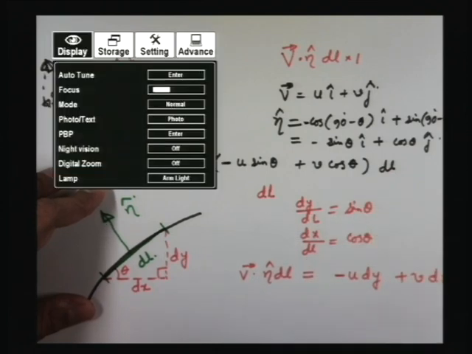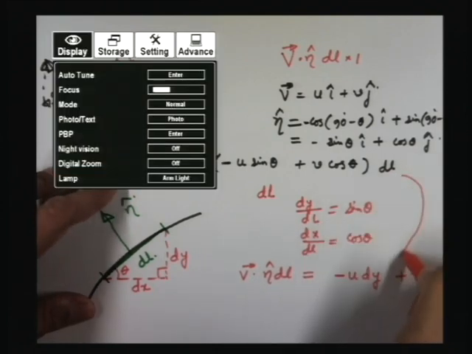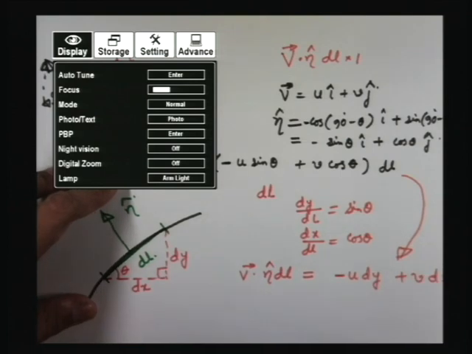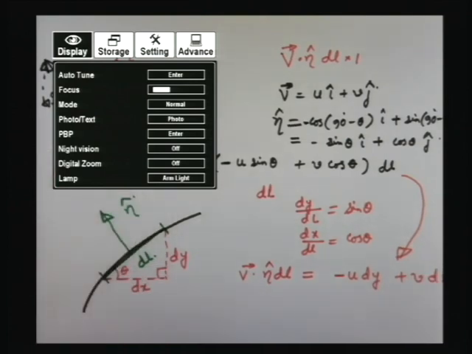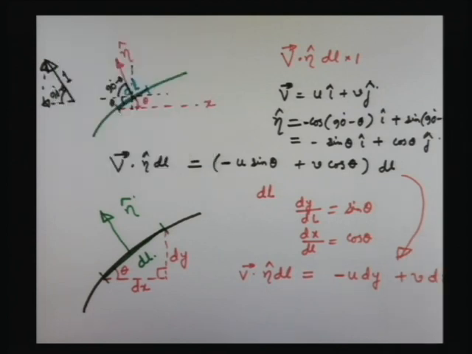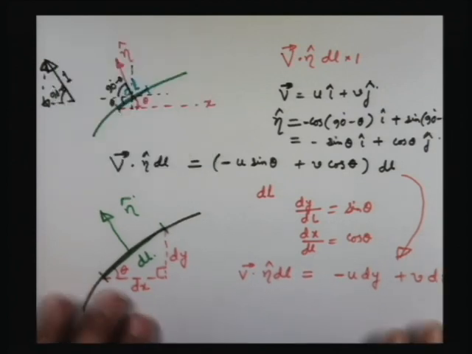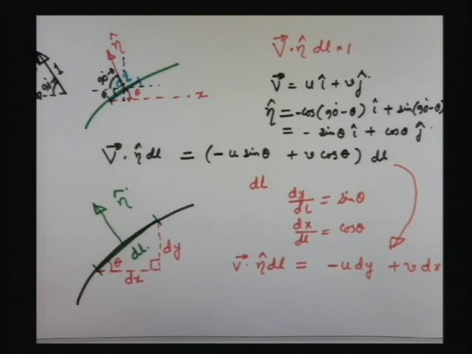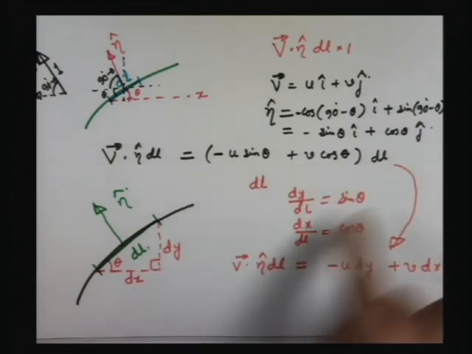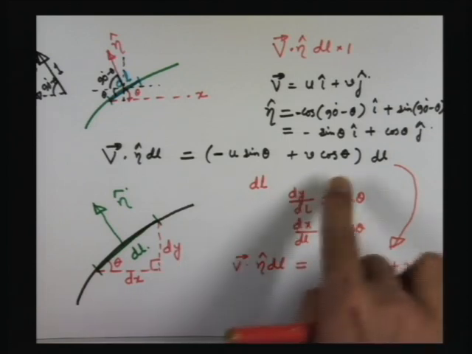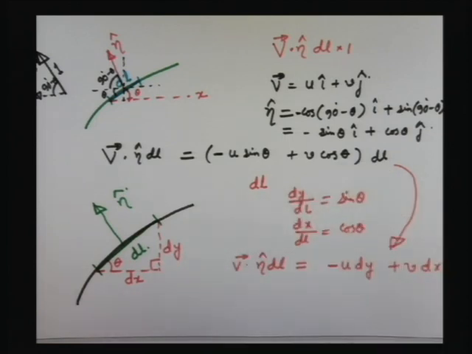So this equation leads to this. In place of dl sin theta we are writing dy, in place of dl cos theta we are writing dx.